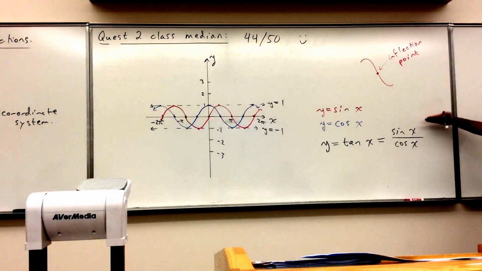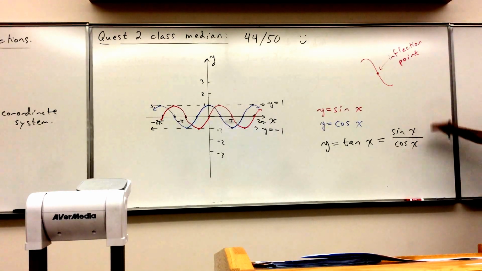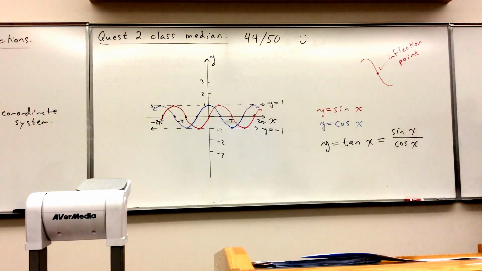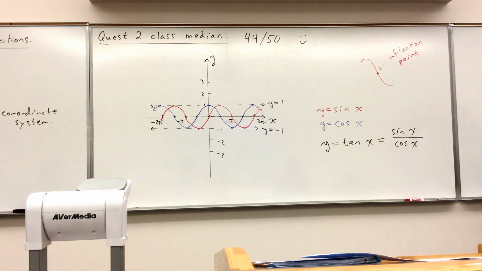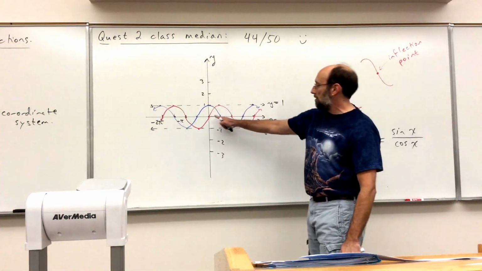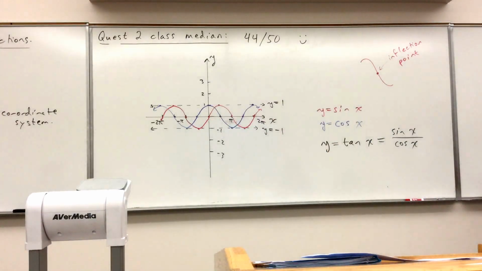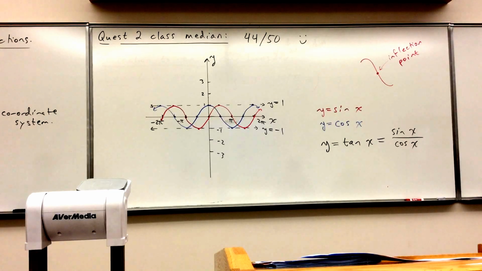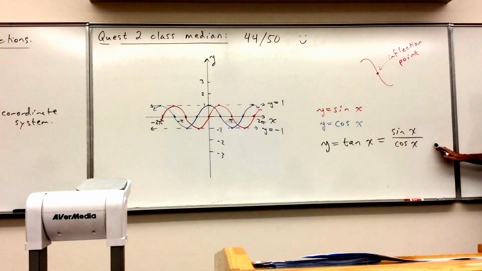So I have something that approaches 1 in the numerator, or negative 1, and 0 in the denominator. I'm going to get a vertical asymptote as a feature every time I have an x-intercept for the cosine function. So if I just look at my cosine function graph, see where all those x-intercepts are, those midline points? I'm going to sketch in vertical asymptotes there, okay? Because that's where my denominator is going to equal 0. Does everybody understand that? Okay.